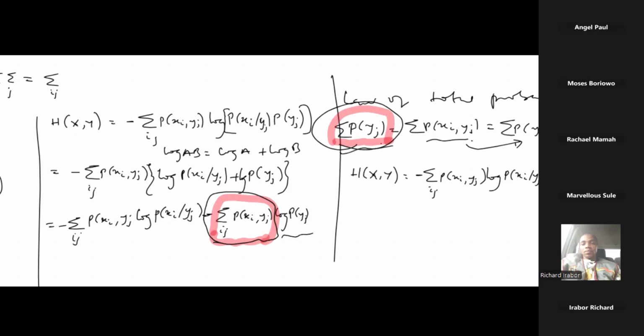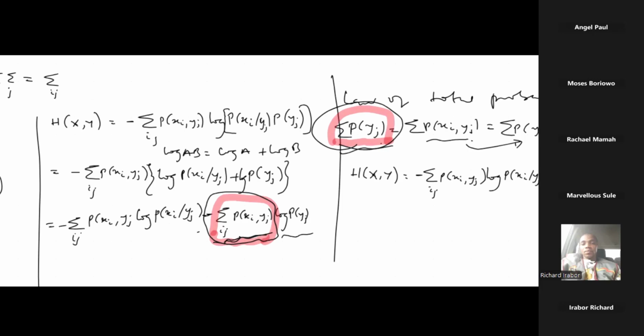So we now represented our joint entropy to be this expression, which is this. And then this expression now replaces this, according to the law of total probability. That's the only thing we have worked on here. Just this expression and this expression based on the law of total probability. Is that clear?